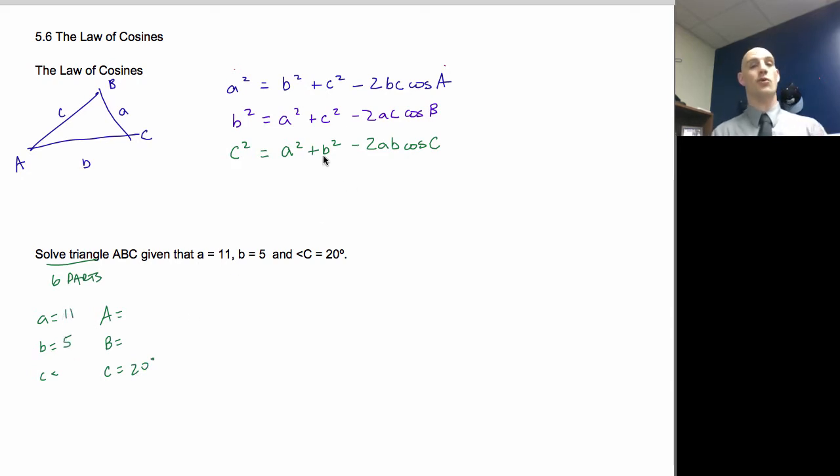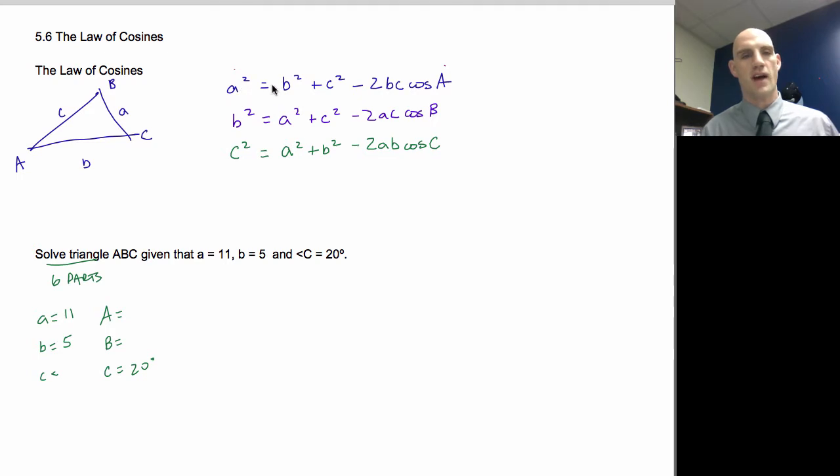And so I need to pick the form that's going to give me the least number of things to solve for. Well, check it out. I've got a and b for sides, and then C. So if I was going to pick this one, I'd use a and b, but then I'd have c open, but I'd also have angle B open.